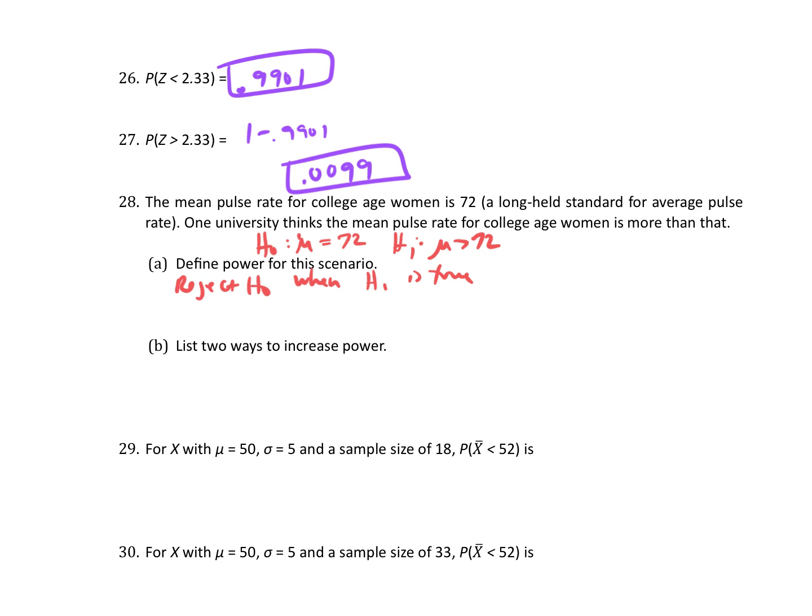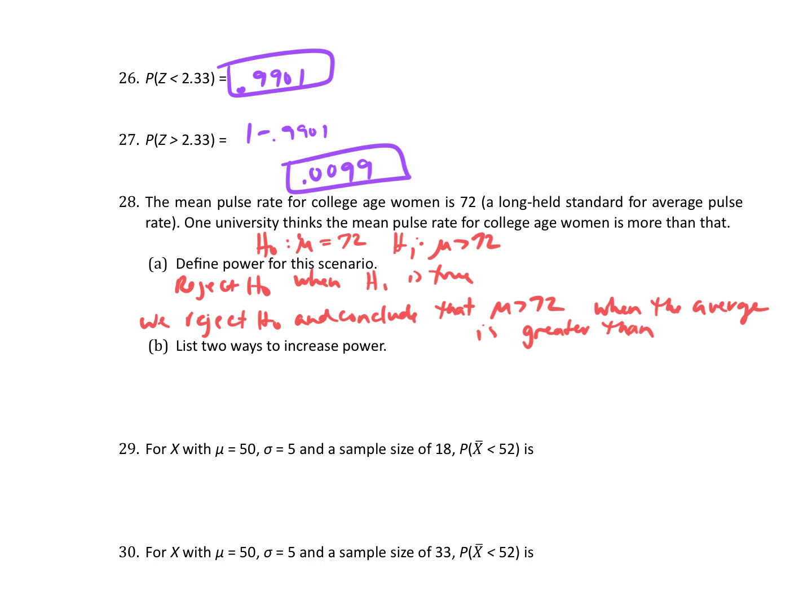That's the definition. The scenario would be we reject H naught and conclude that mu is greater than 72 when the average is greater than 72. So what we think is accurate, and that is our power.